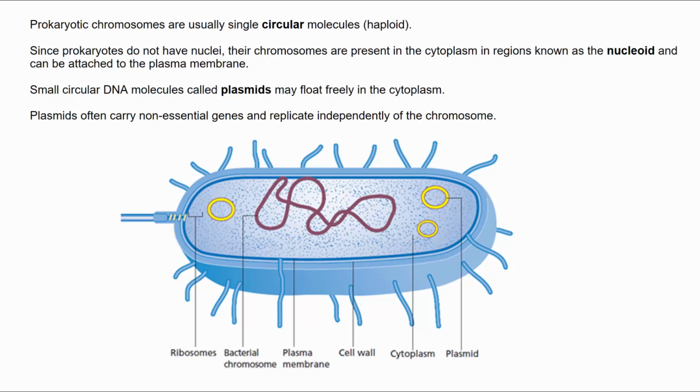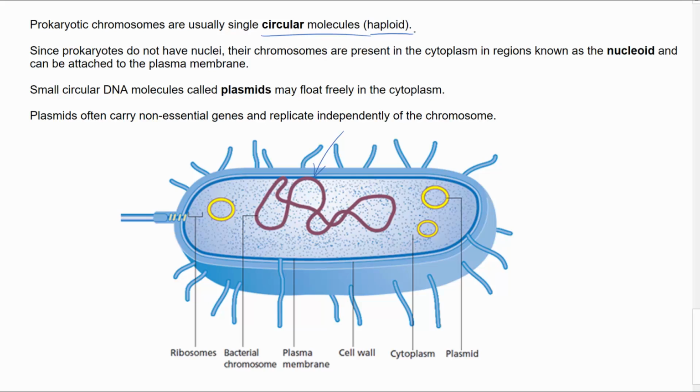In prokaryotic organisms like bacteria, DNA is organized into a single circular molecule, which can be seen in this image here. Now, because they only have a single DNA molecule, or one chromosome, they're actually haploid.